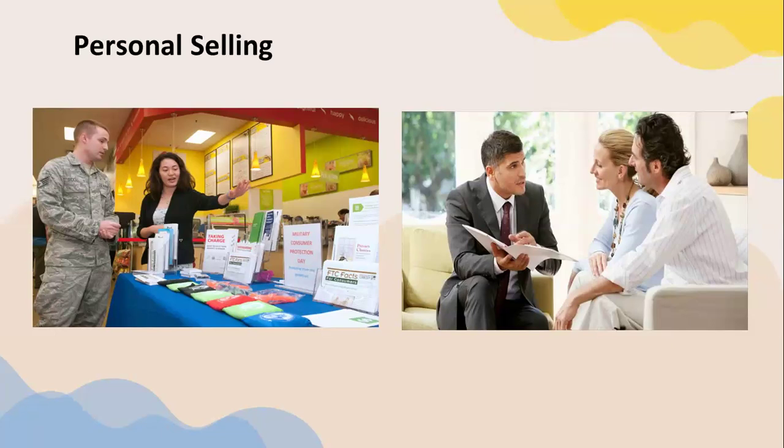So most of the time, when you are going here and there in a town or city area, or if you visit a particular exhibition, you will receive some types of leaflets, brochures, things like that, right? So this is personal selling. They do not specifically identify whether we need this product or not, but they are personally giving the information regarding the product, right?